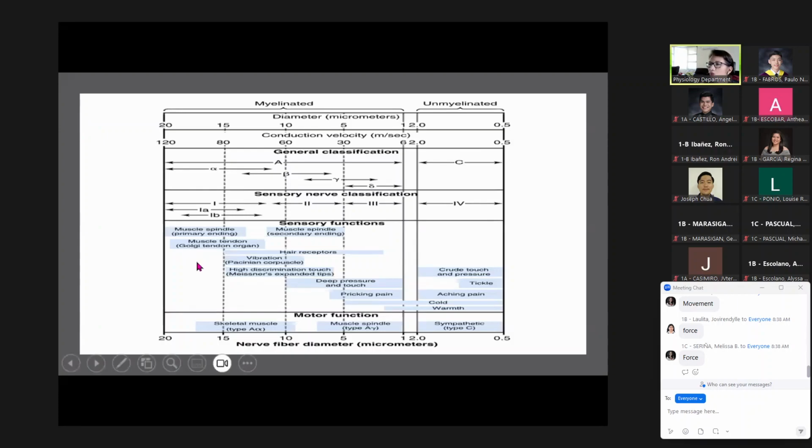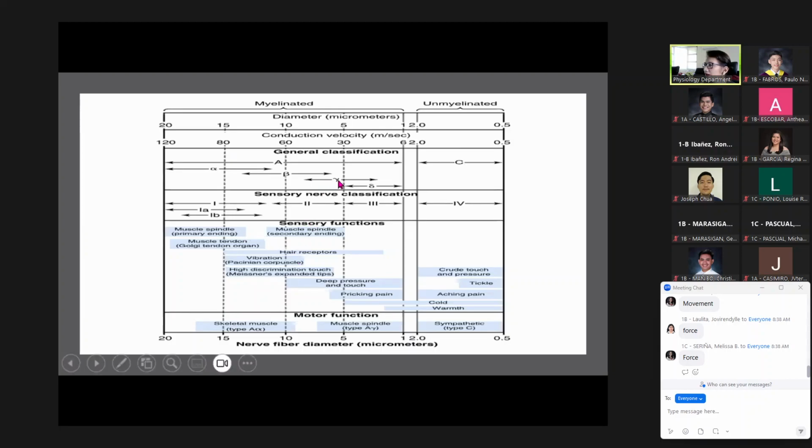Okay, so nasaan ang 1 at 1A natin? Ito nandito. Sensory nerve classification 1. Can you see my cursor? Turo ako ng turo dito, baka hindi nyo nakikita. You can see? Yes, Doc. Okay, thank you. And then we have this 1A. And then we have this 1B. Nasaan ngayon yung gamma natin? Gamma is here.